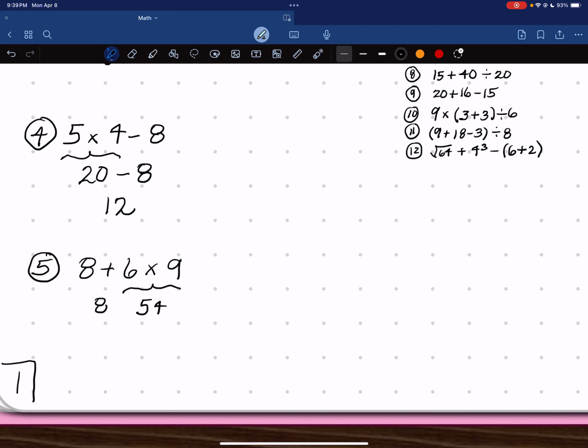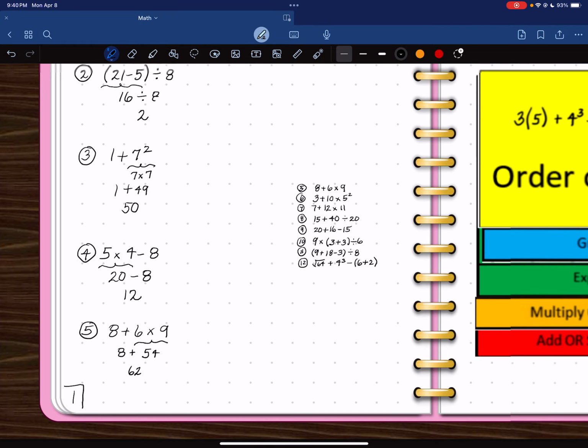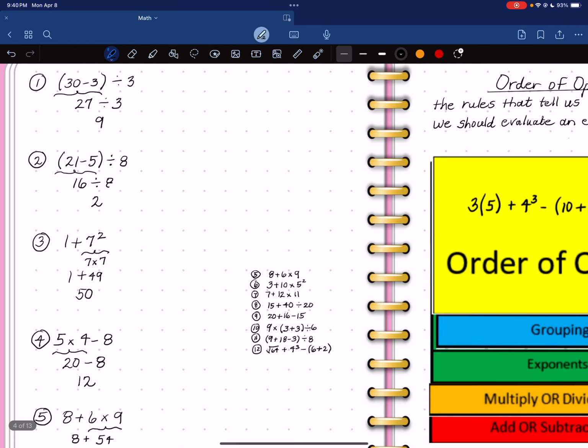And copy the rest. Then add or subtract. 8 plus 54 is 62, so that would give me 62 as the final value of the expression. Again, these are not solving problems. This is simplifying a problem.